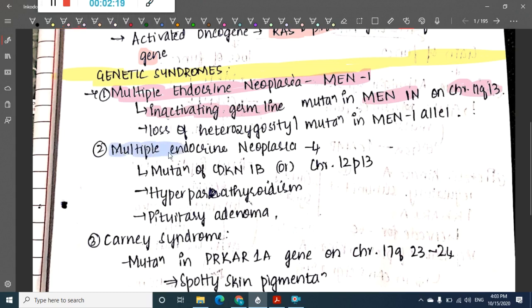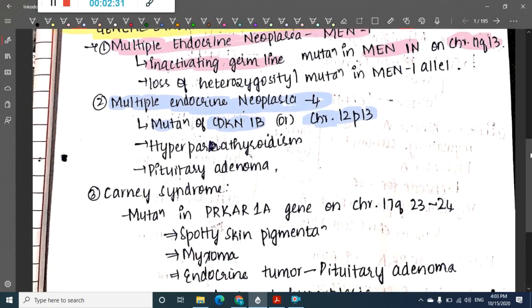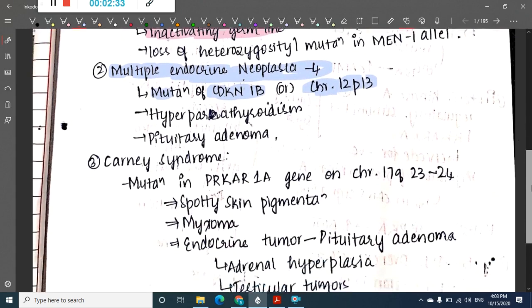It is also associated with multiple endocrine neoplasia 4, where the mutation is in CDKN1B on chromosome 12p13. It is associated with hyperparathyroidism and pituitary adenoma.